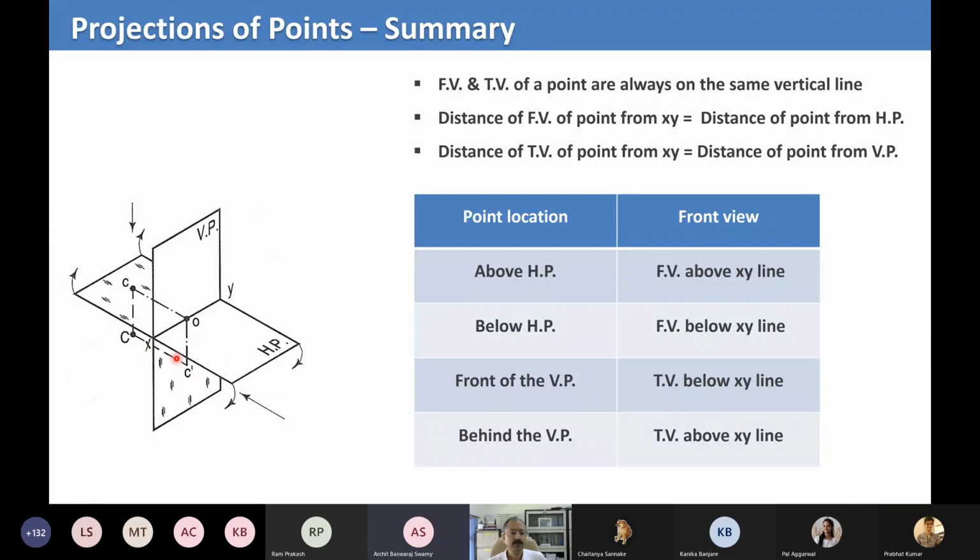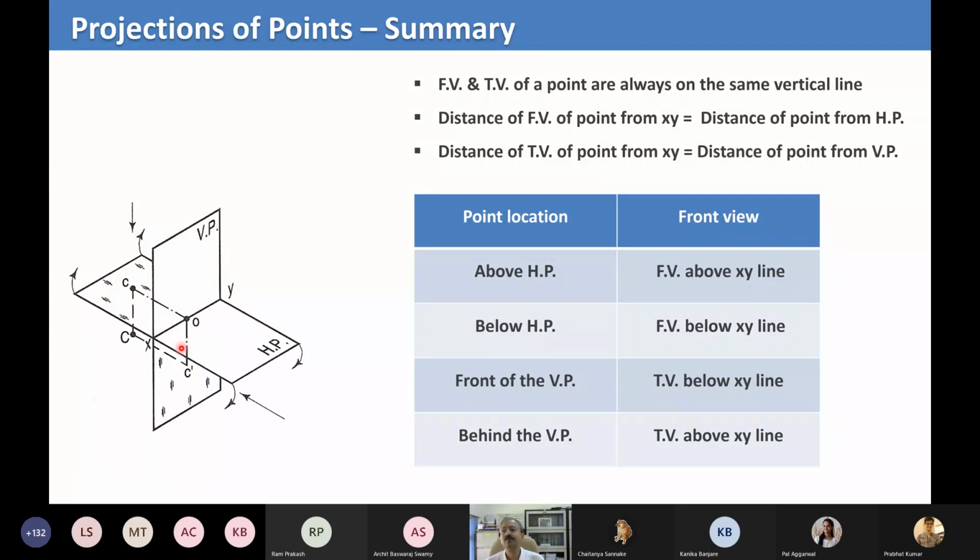Distance of a point from the horizontal plane. I am not sure this is correct. It's correct, yeah, it's from O to C dash. Okay, so I was looking in the wrong direction. I should go to CO, not CX. My mistake.